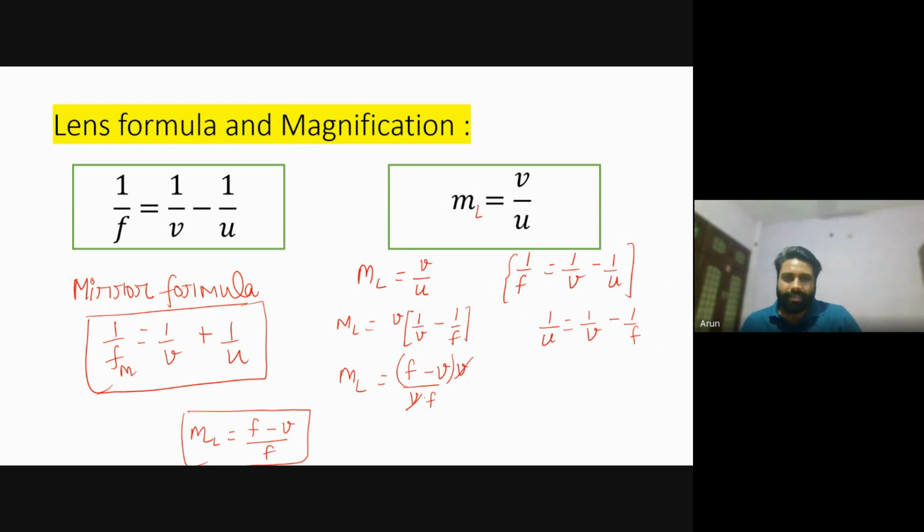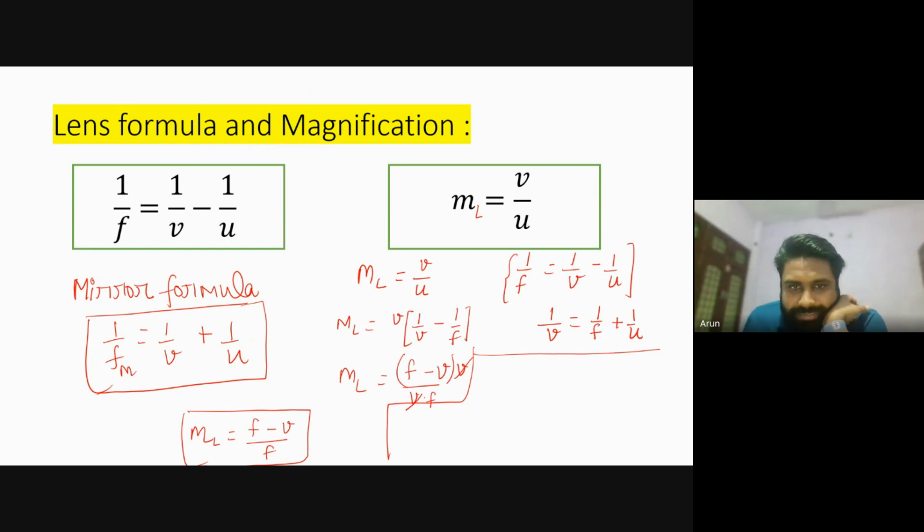Okay, so you can apply this formula when object distance is not given, only focus and image distance are given. Although, if you try to calculate this formula in terms of focus and object distance, which is pretty much known to us because we can place the object as we desire, for that you have to put the value of 1 upon V. So 1 upon V is 1 upon F plus 1 upon U. Now put this in this formula, but in this formula you have V, not 1 by V. So you take 1 upon V, take the LCM of it, and it is F plus U by FU.